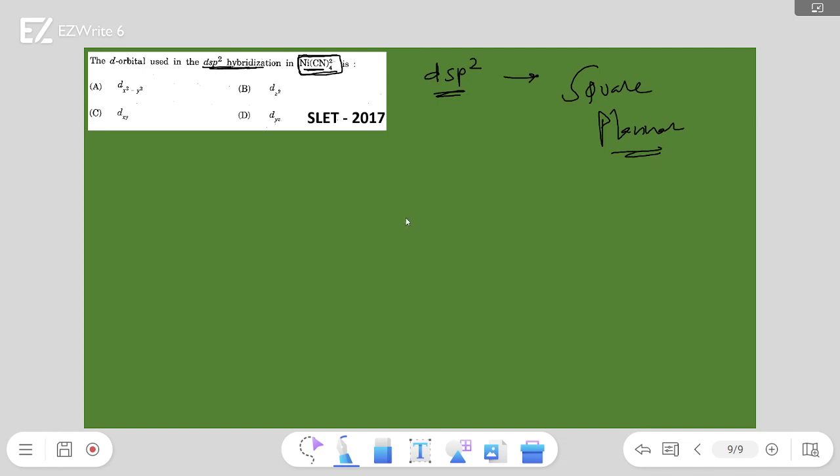So when your geometry is square planar, you can very well say that your central metal must have all ligands in one plane.